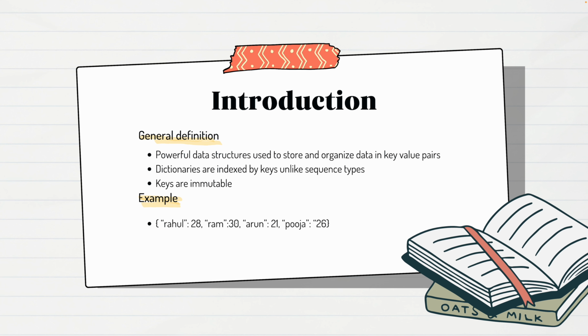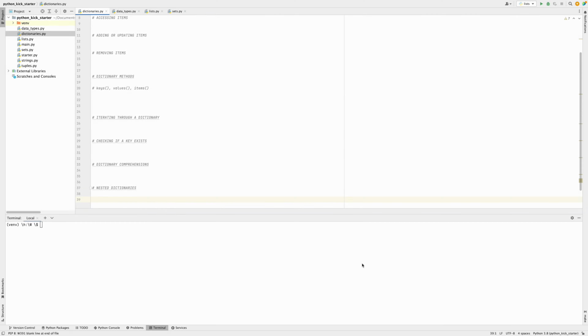Let's now try to create our own dictionary. So I'm going to move to an IDE and start with some coding. Now back to our Python editor, today I have created a file named dictionaries.py in the same project called Python Kickstarter.